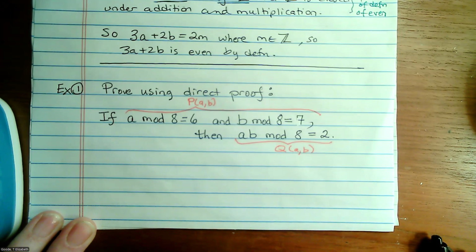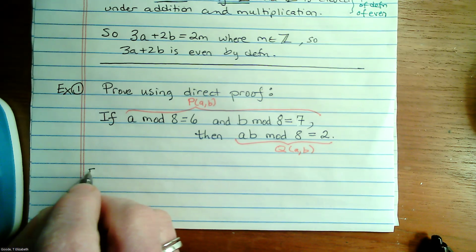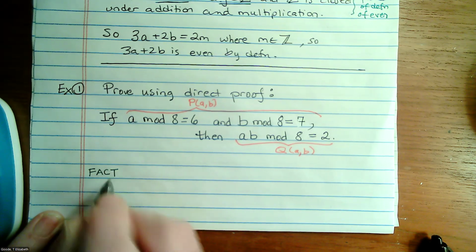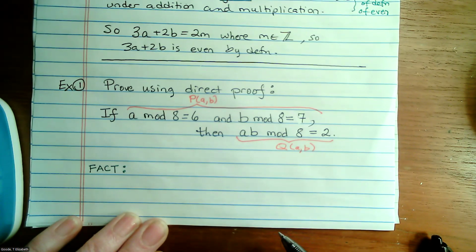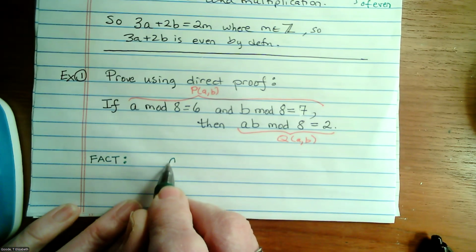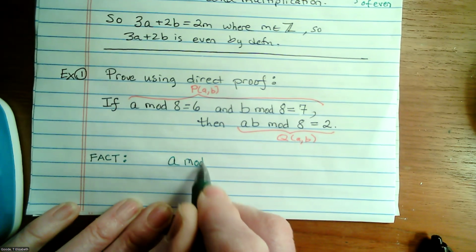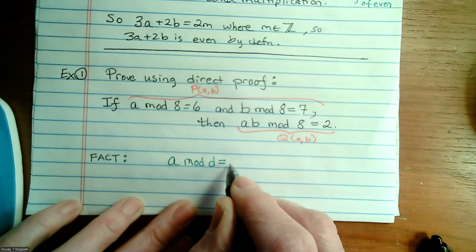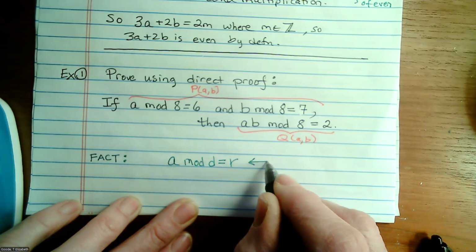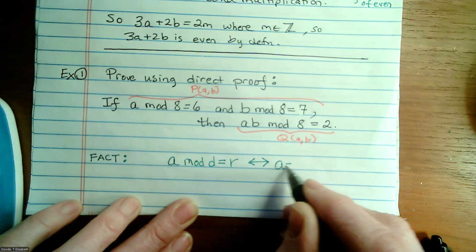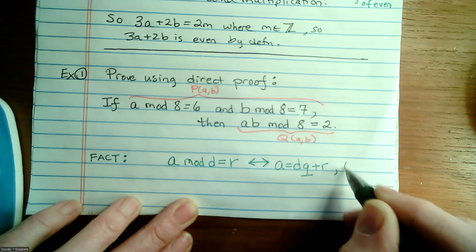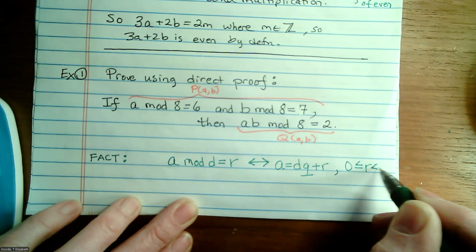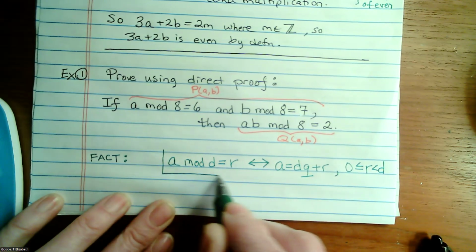Yes, very much. I was just going to ask really quickly because I remember the formula A equals DQ plus R, where R is the 6 and the 7. So their remainders are 6 and 7. Right. Okay, here's our fact. A mod D is equal to R means A equals DQ plus R, where 0 is less than or equal to R is less than D. This is an if and only if.